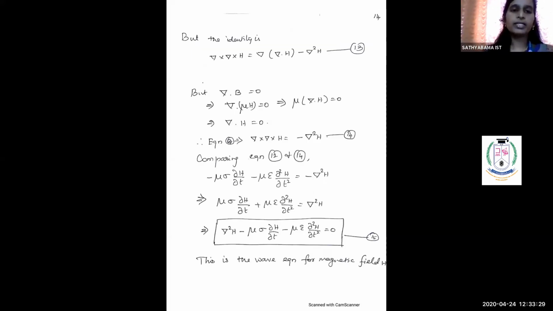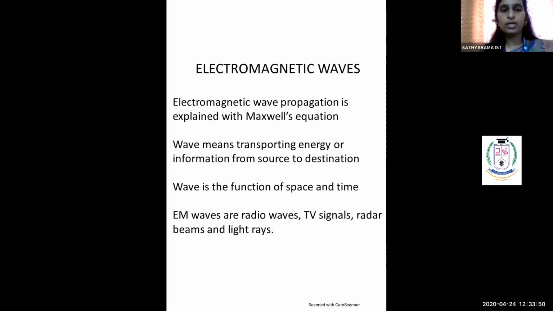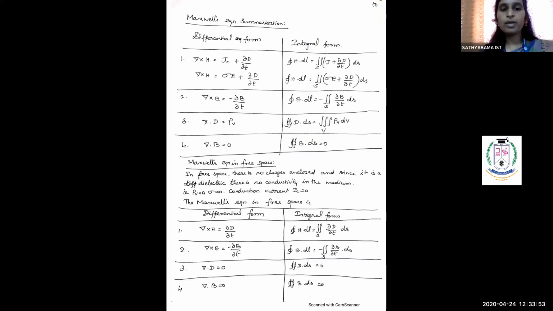According to the identity, we know del cross del cross H is equal to del into del dot H minus del square H. Already we have seen this in the previous derivation for the electric field. Now we are going to take Maxwell's equation 4, del dot B is equal to 0.